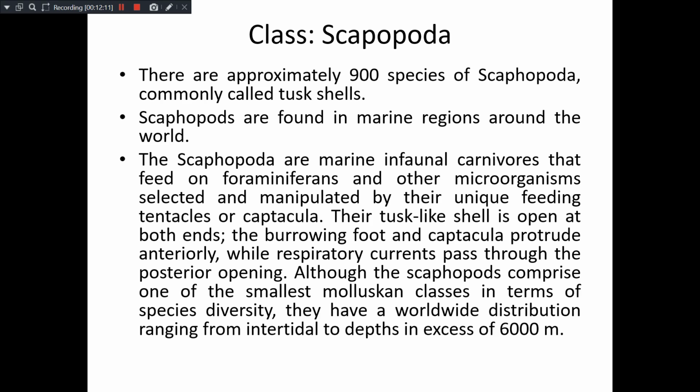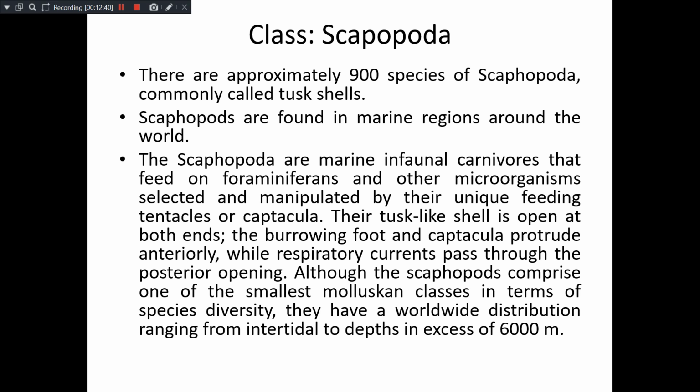Scaphopodans are a large group, approximately 900 species here. These scaphopodans are commonly called tusk shells because the shell of the scaphopoda resembles the tusk of the elephant. All of you have seen the shape of the elephant tusk. Here also they are of the same shape.